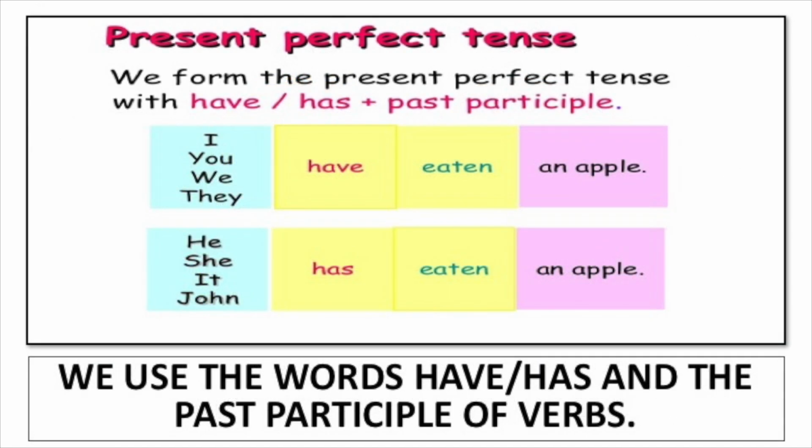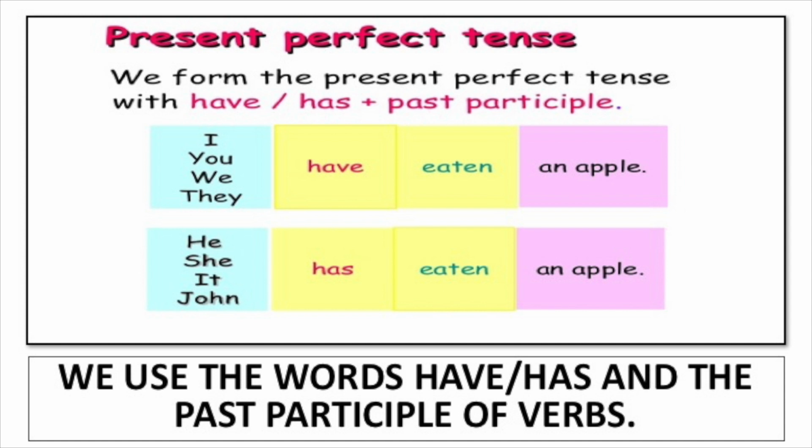And as we've learned already, the format uses the words have or has and the past participle of verbs. So we can see the subjects that we use with have: I, you, we, they. And the subjects we use with has: he, she, it, John. The name of somebody we can use with has.